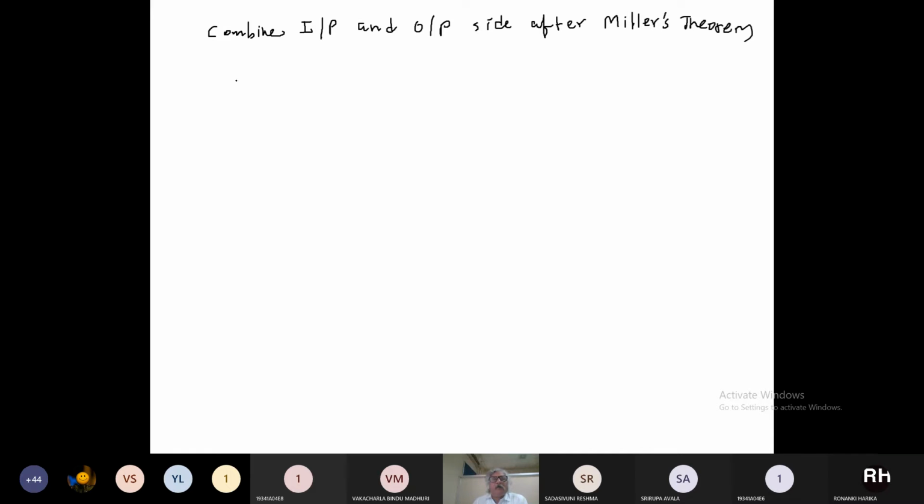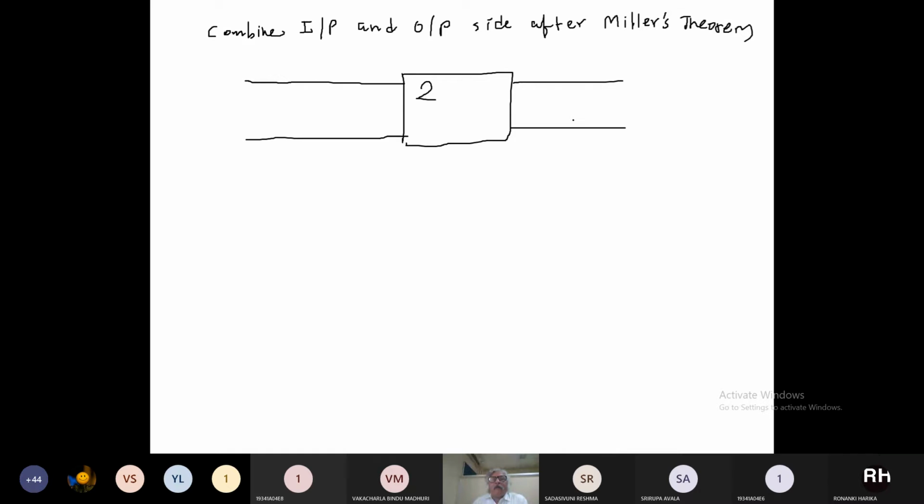Then we will get this type of network. This is our two-port network.